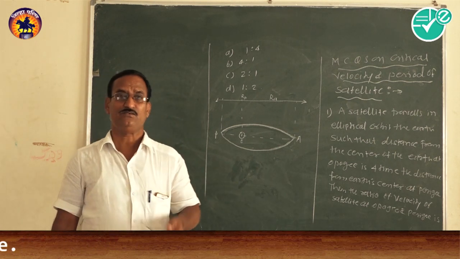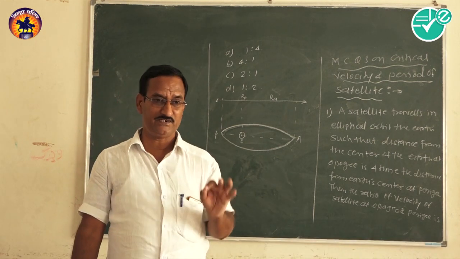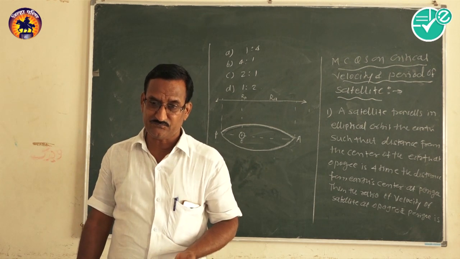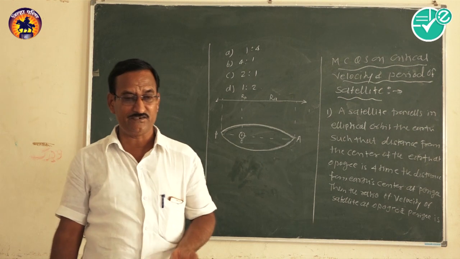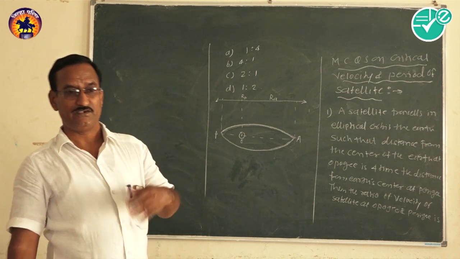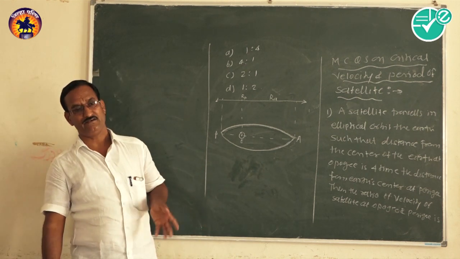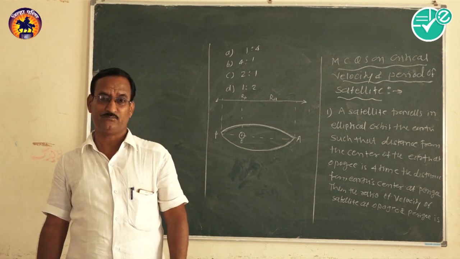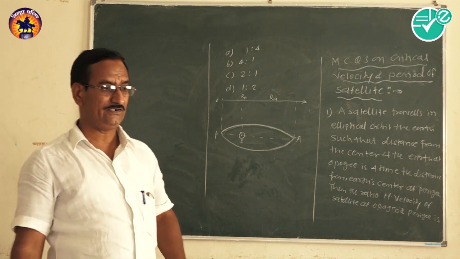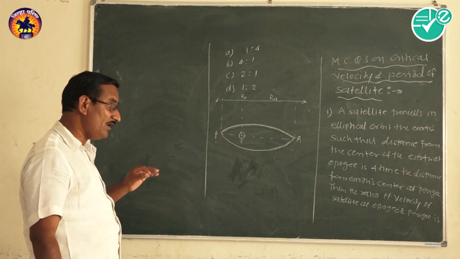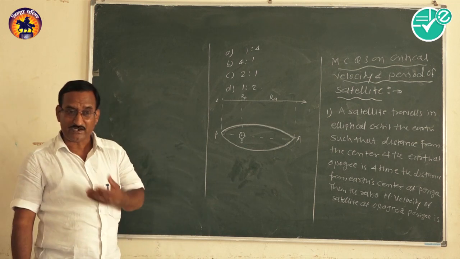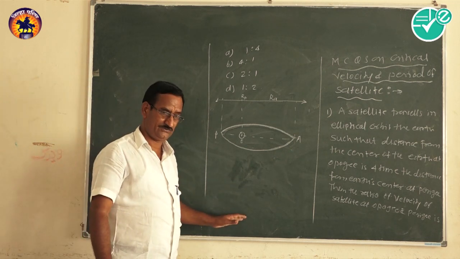After that, we have to see the period of satellite, then the period of satellite at height h in terms of gravity and density. Also, we have to see the period of satellites in terms of gravity and the density rho at the height h.